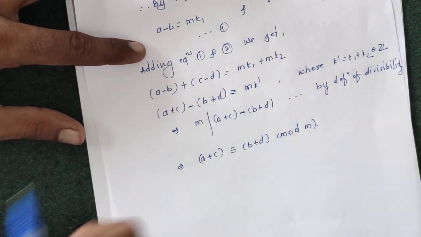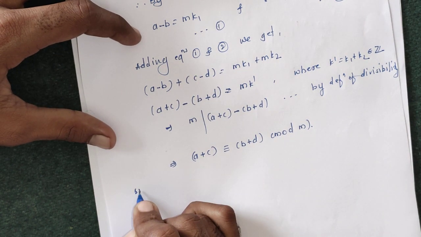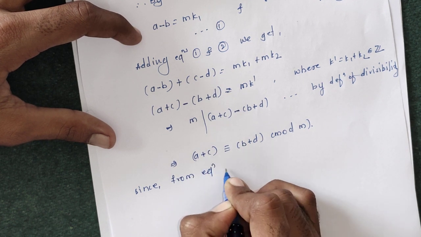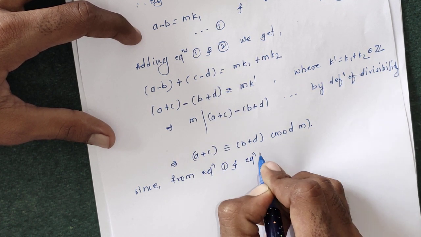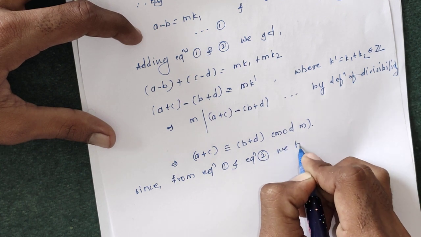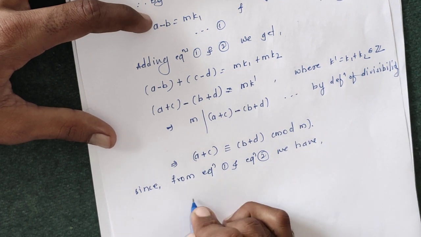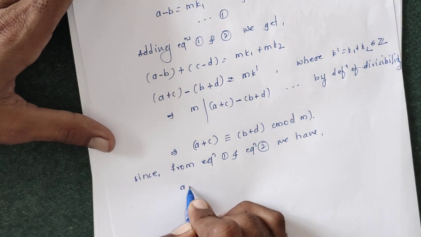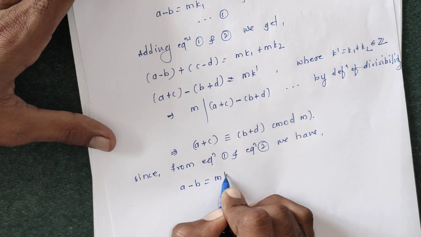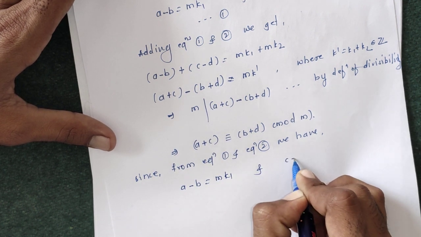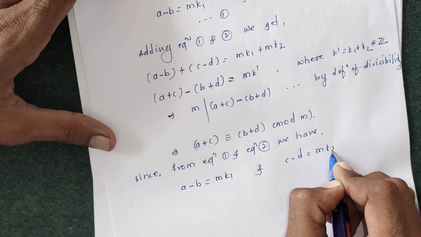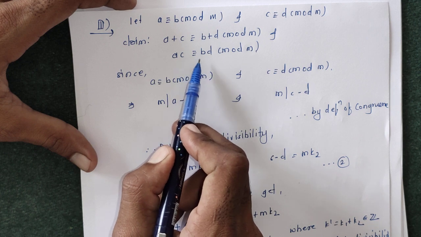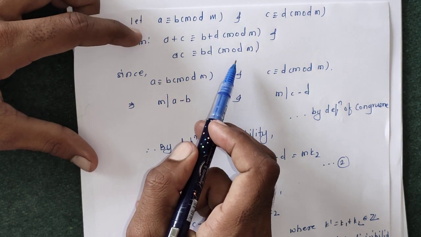Since from equation 1 and equation 2, we have A minus B is equal to m into k1 and C minus D is equal to m into k2, and we are going to prove A into C is congruent to B into D modulo m.